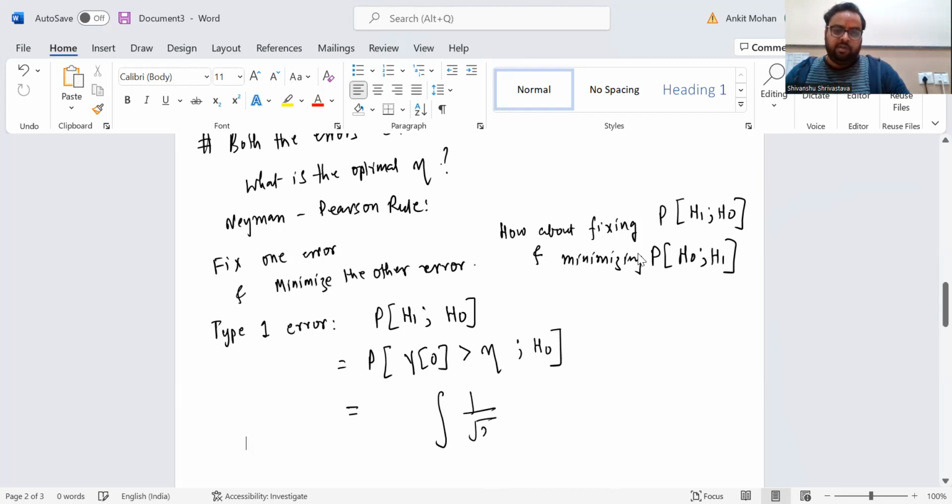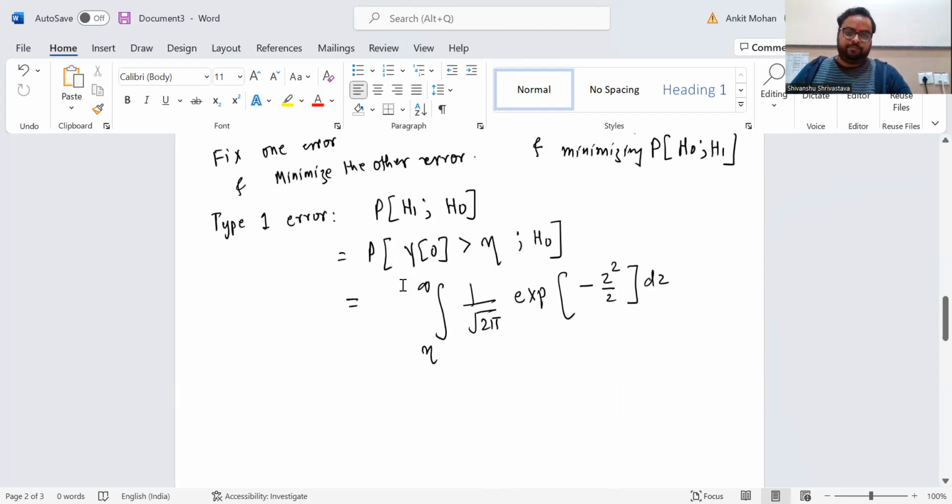When I integrate it, this will have 1 over root 2 pi, because sigma square is 1, and we have e to the power minus of z square by 2, where the variable is z and the mean is 0, dz, and this is going to vary from eta to infinity. This is essentially my probability of false alarm.